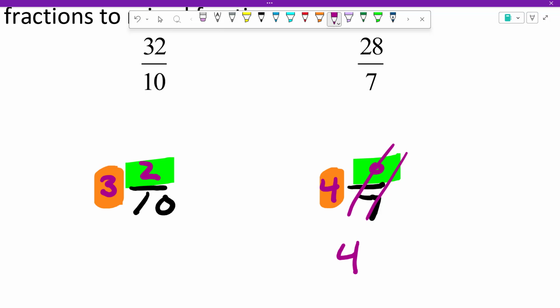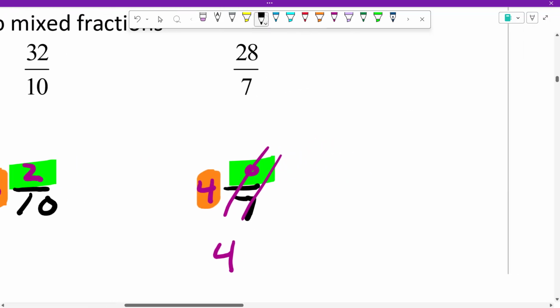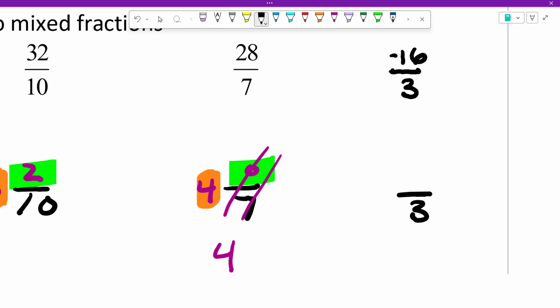Okay, now, one thing missing here is I didn't do it with a negative number. Let's make another one of these. Let's go negative 16 over 3, like this. All right, so our bottom number stays the same.